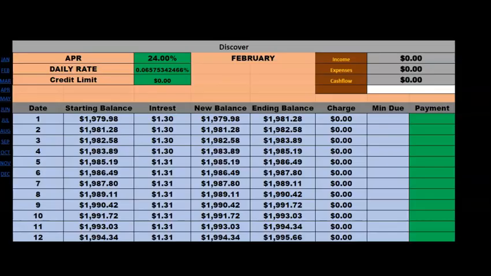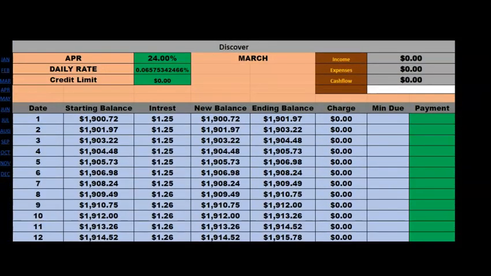In February, as soon as we had paid that Visa off, we'll send the extra payment here. This will be the minimum payment of $60 plus the $53.99 that was left over. So this payment will be $113.99 in February.